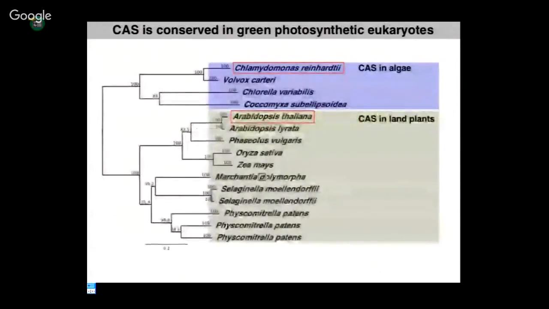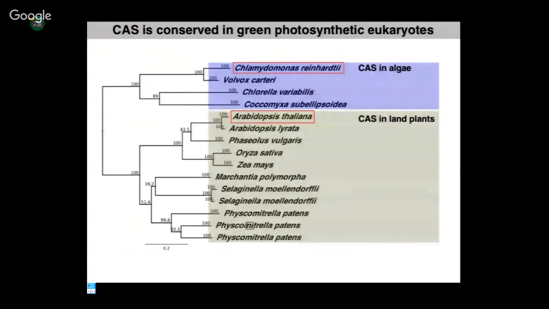So Cas was already published in Arabidopsis, related to stomata opening and closing, and also to infection.